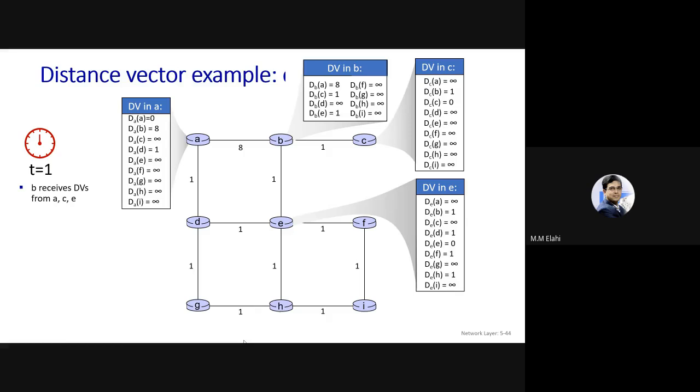So I have finished writing this topology. We will only show the calculation of B, so we don't need other nodes that are not connected to B right now.